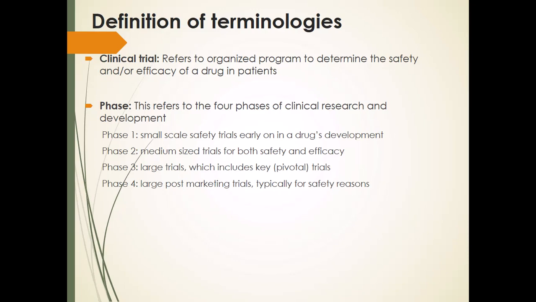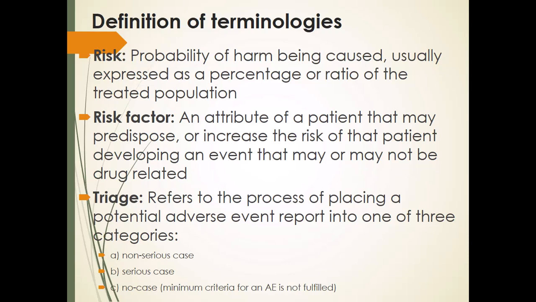And the second, you are looking at a medium-sized trial, where you're looking at the safety and efficacy of a medication. Then large trials, where you're looking at maybe the potency of the medication that you are trying to innovate. The large post-marketing trials are typically for safety reasons.